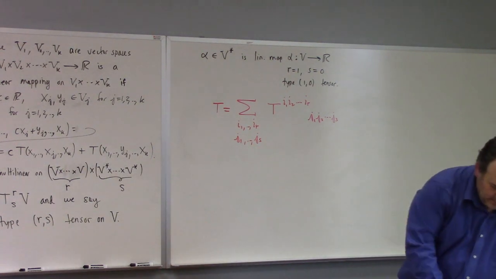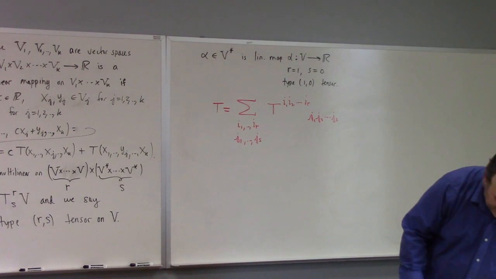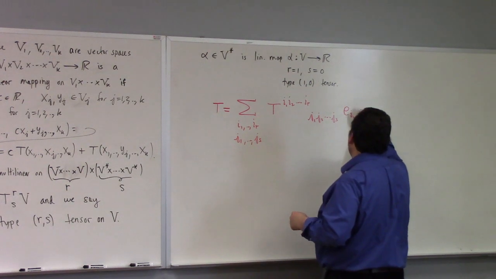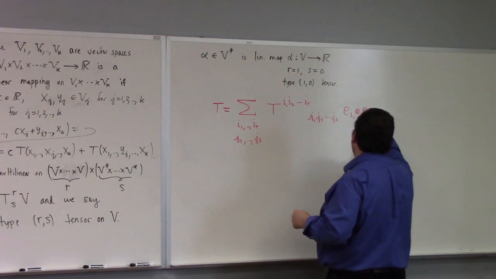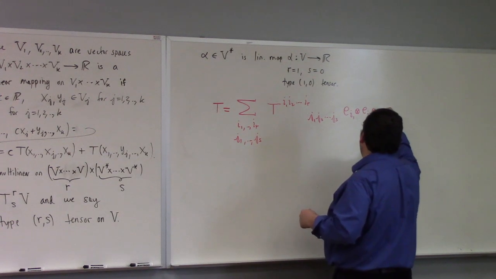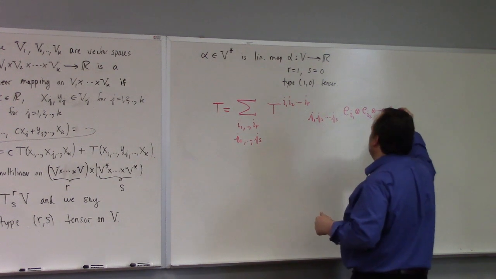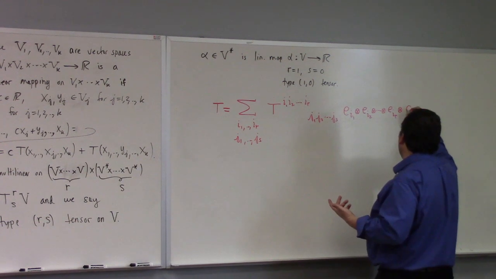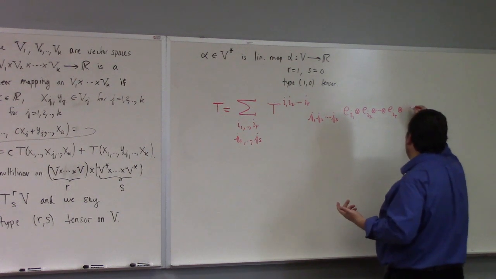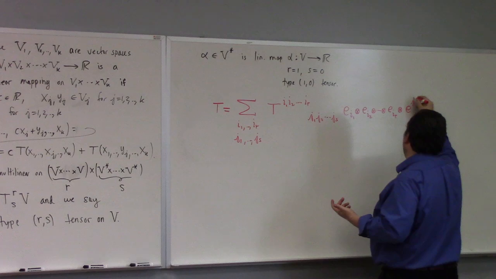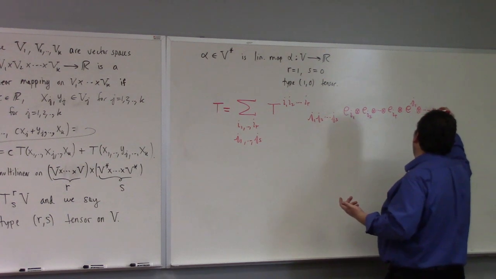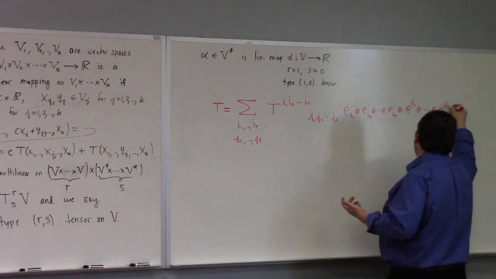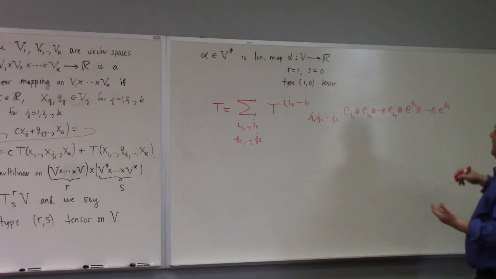And then we have bases E lower i1 tensor E lower i2 tensor ... tensor E lower iR tensor, and then E upper j1 tensor ... tensor E upper jS. All right? I like your logic.